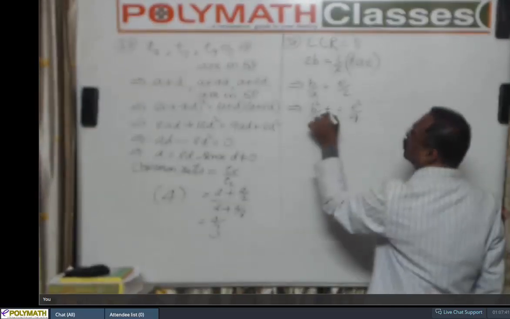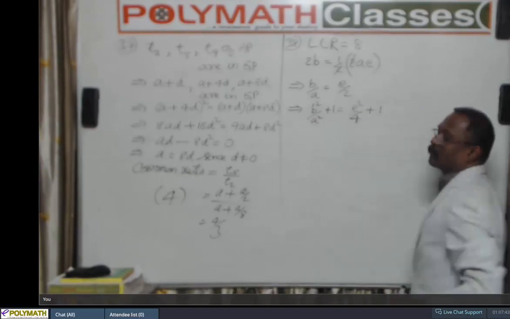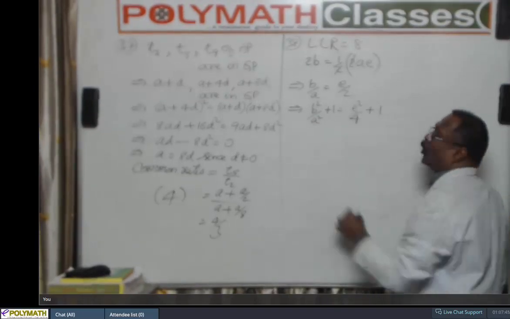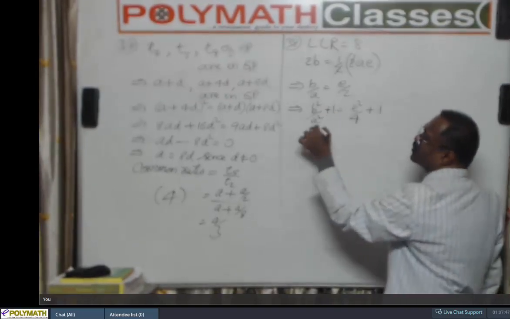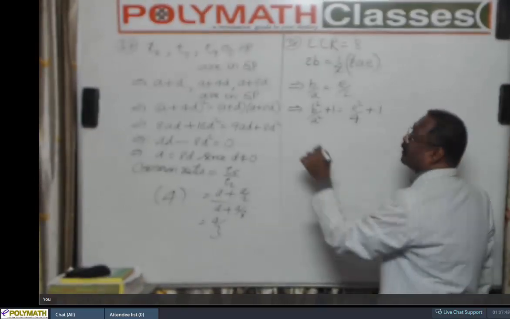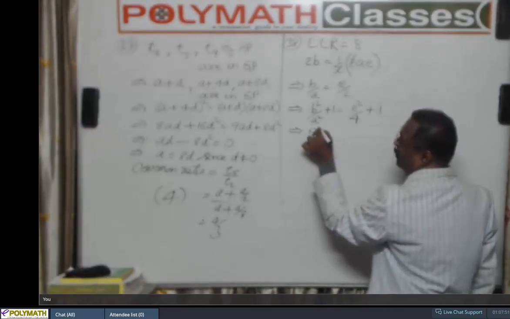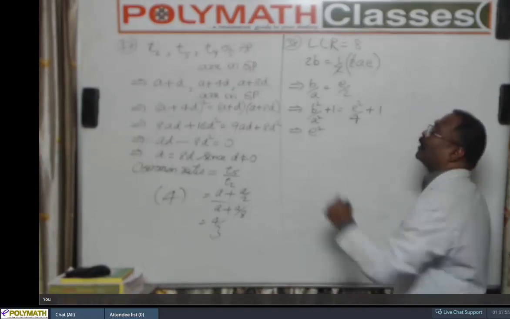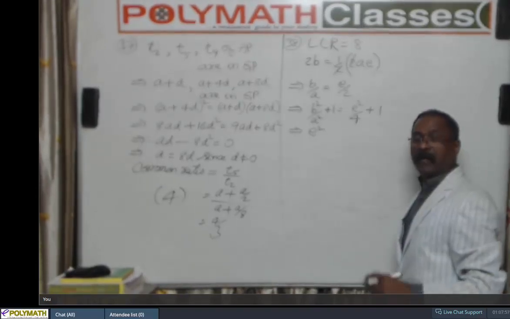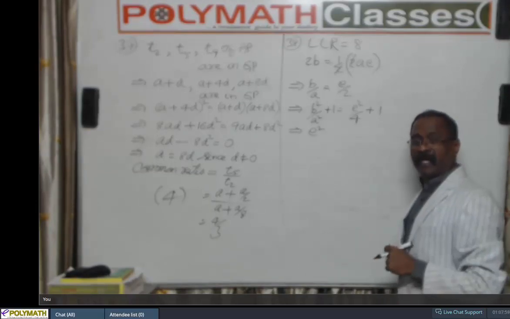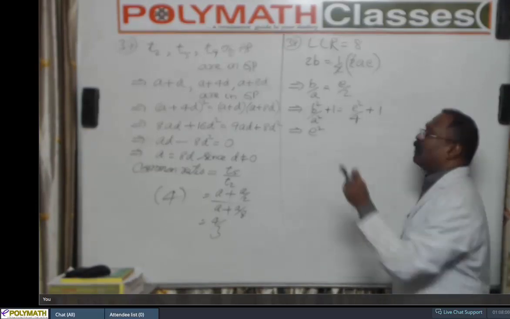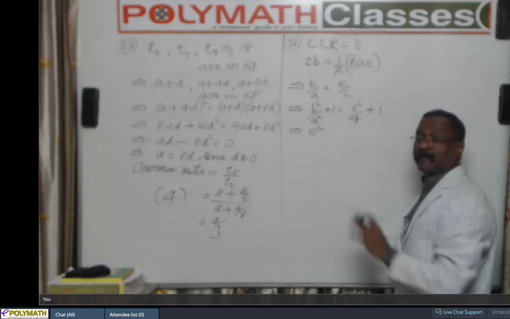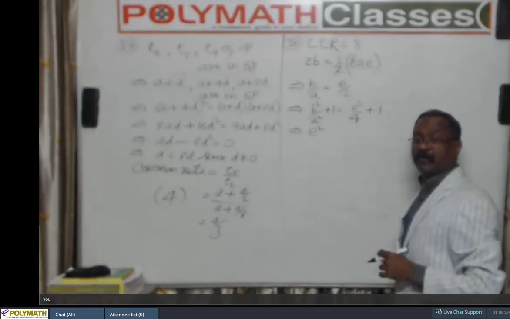Add 1 on both sides, because we know E square is A square plus B square by A square. Taking LCM, you will get E square. That's the reason why whenever you get B by A, take the advantage of it. Square on both sides and add 1. It will be converted to E.